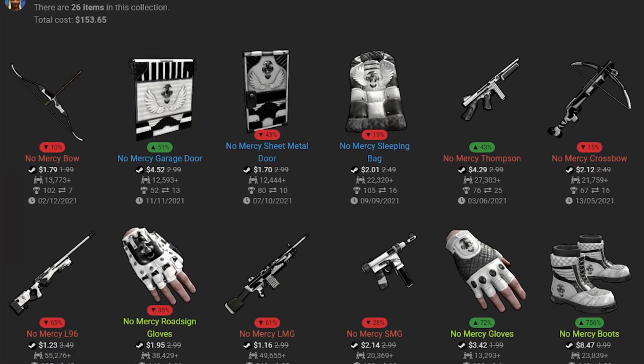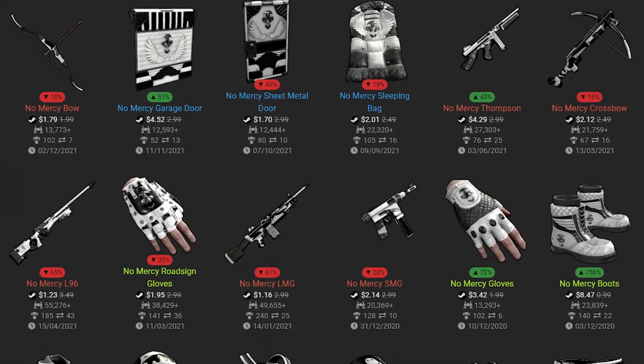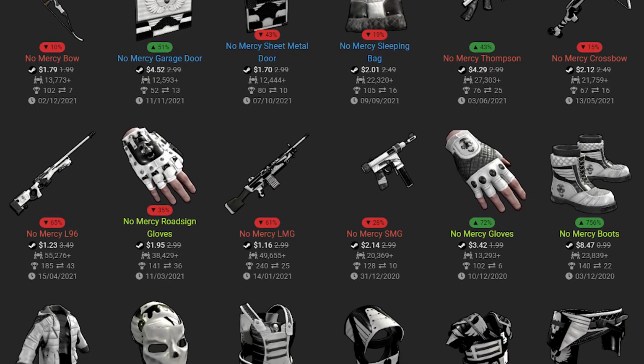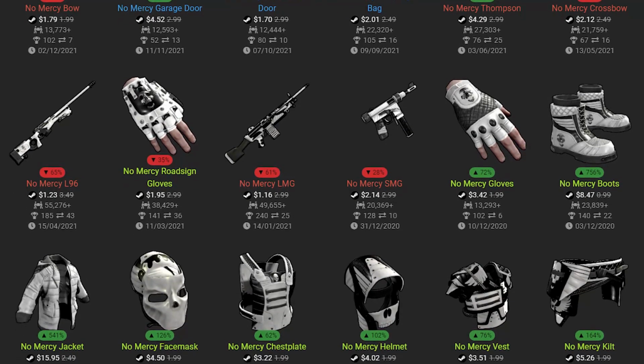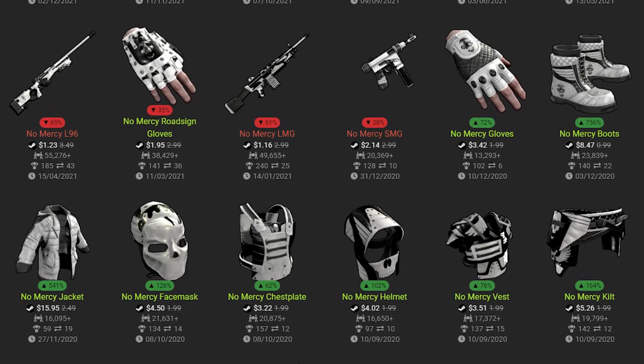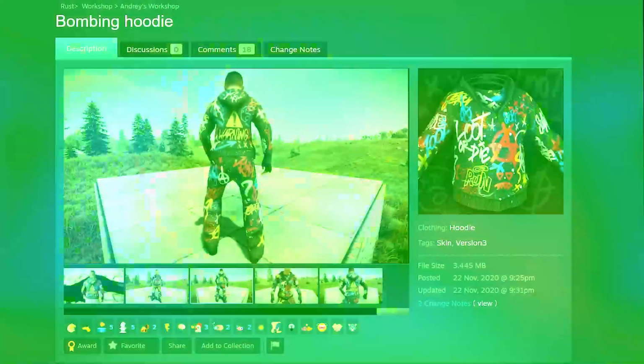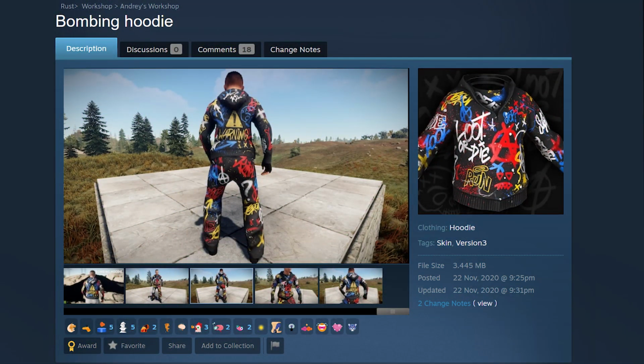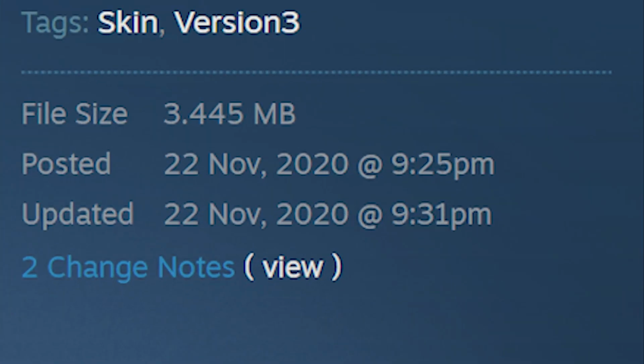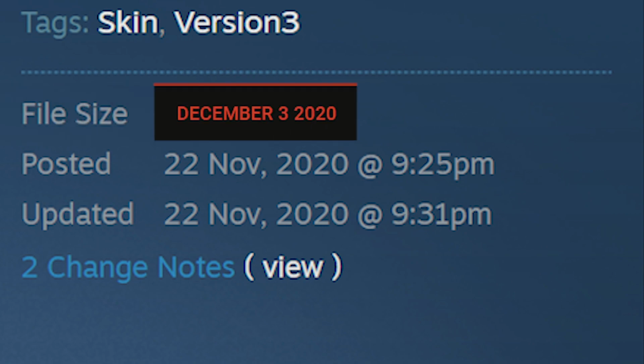To give some context with the No Mercy boots, they were one of the later skins to appear out of the popular No Mercy set, so that's justified in its strong demand. But what about the bombing hoodie and the pants? What's special about them? Well, that was due to a mix of anticipation and speculation. See, the hoodie and the pants were actually introduced to the workshop on November 22, but weren't added to the Rust store until December 3, of course.